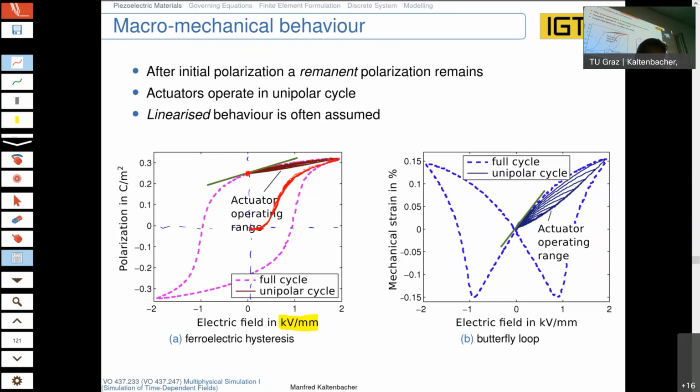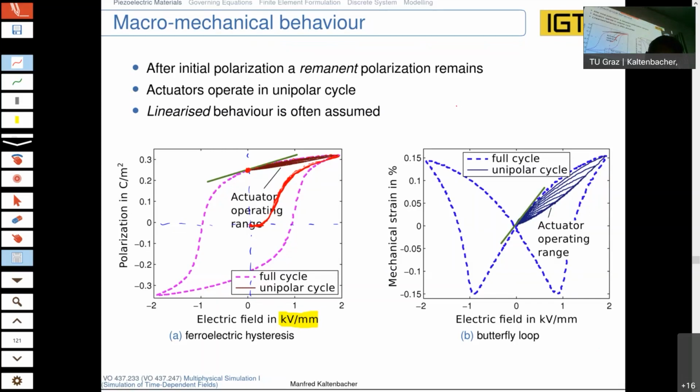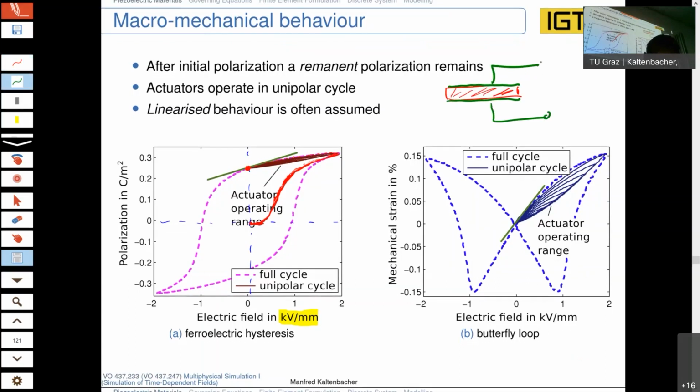That means you have here a thin, I should perhaps put it on. So you have here a cross section, a thin disc, a piezoelectric disc, and you put on the top electrode and the bottom electrode, and you apply a voltage here.